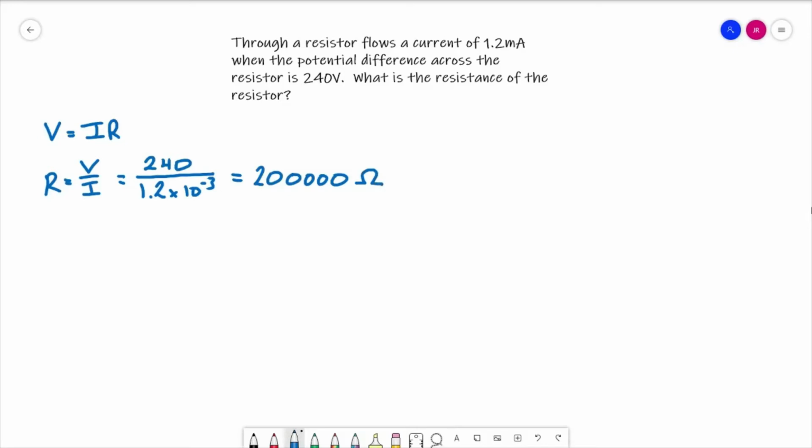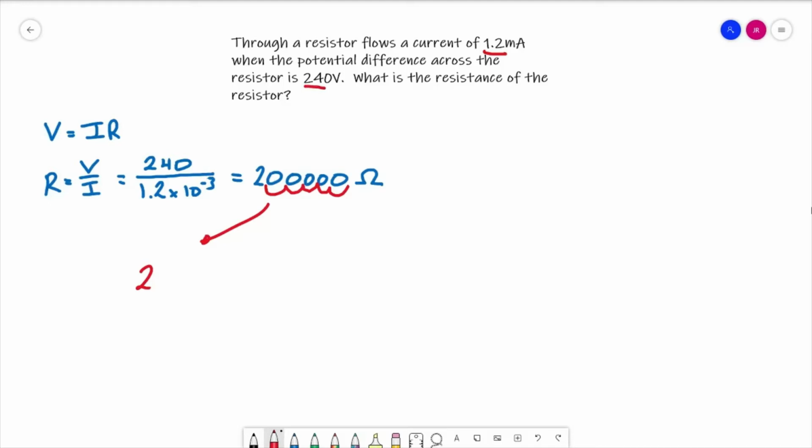Now of course at this point we've got a couple of different ways that we can go with this. Firstly, let's do the standard form way. So 1, 2, 3, 4, 5. The answer should therefore be 2 times 10 to the 5. Now we've got to be extremely careful here. If we look at the question, we've got 2 sig figs for the current and we've got 2 sig figs for the potential difference.